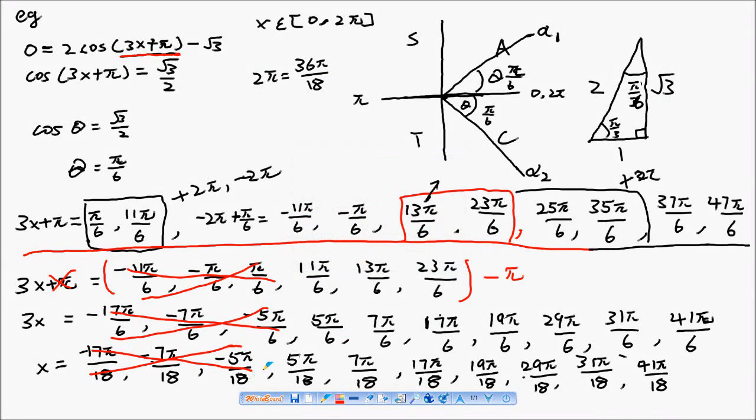Obviously the minus numbers are not in the domain range, and we have 5 pi on 18, and it keeps increasing to 31 pi on 18 and 41 pi on 18. 41 pi on 18 is greater than 2 pi, obviously, so this is not the answer. Now we have 1, 2, 3, 4, 5, 6 answers in this equation, and so your final answer should be those 6.